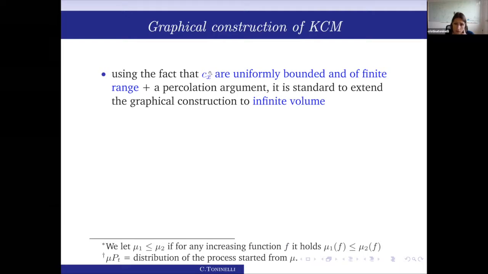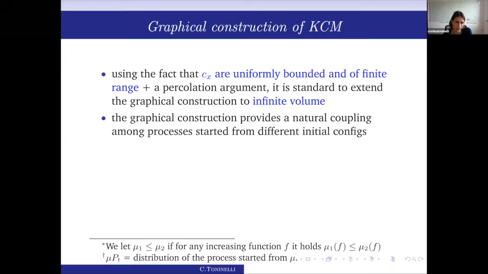These functions are just 0 and 1, and are of finite range. It was important to say that the update family, so these sets that determine whether the constraint is satisfied or not, you can choose as you wish, but they should be of finite range. So using this fact plus a percolation argument is standard to extend this construction to infinite volume, to construct the infinite volume process.